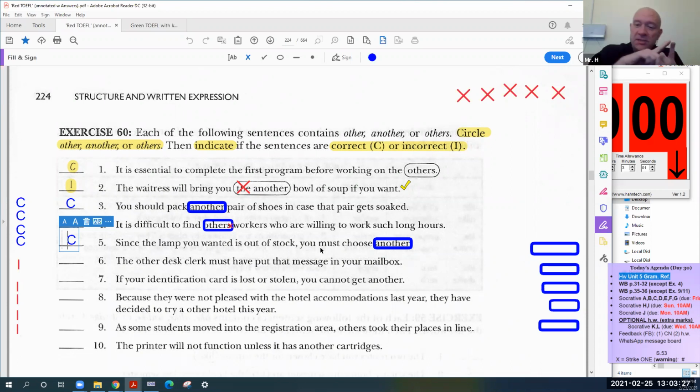First of all, it's singular, right? It is indefinite, not a specific lamp. And this is a pronoun. It refers to another lamp. Got it? Okay. Suhed, number 6.